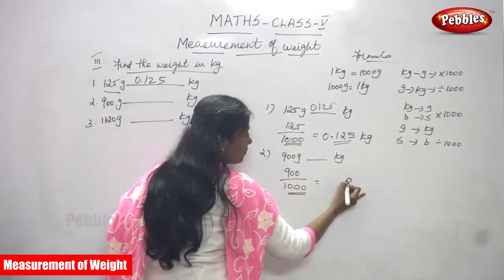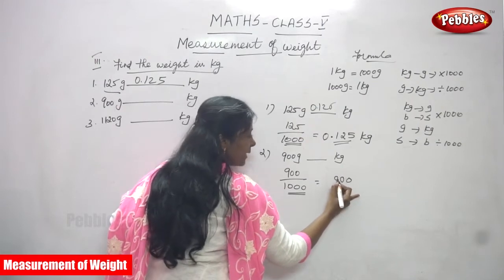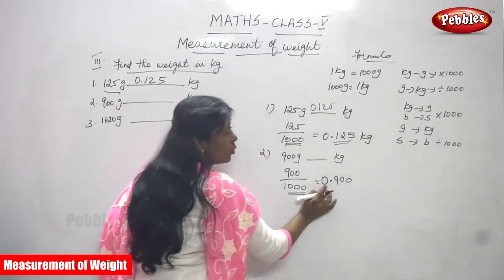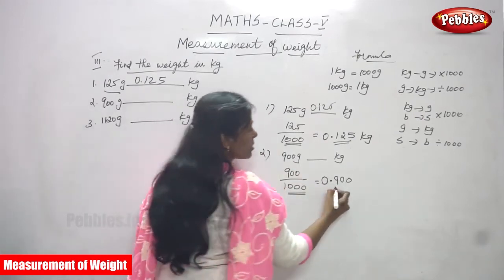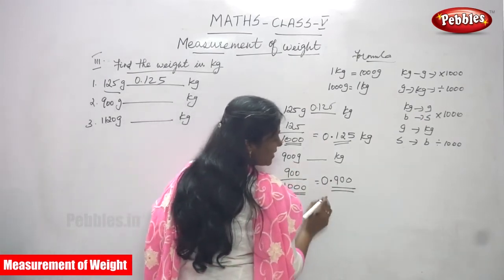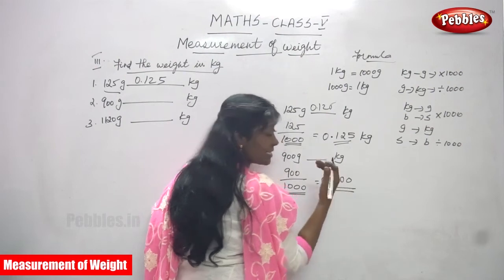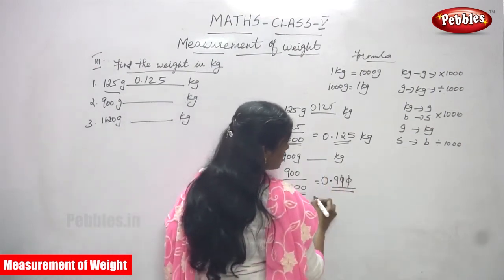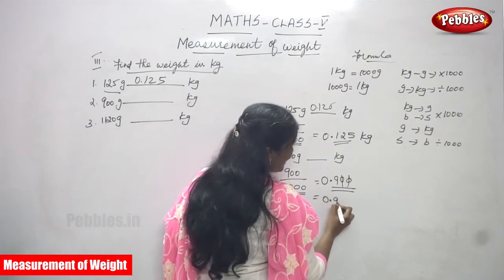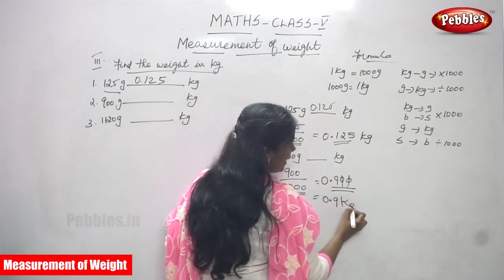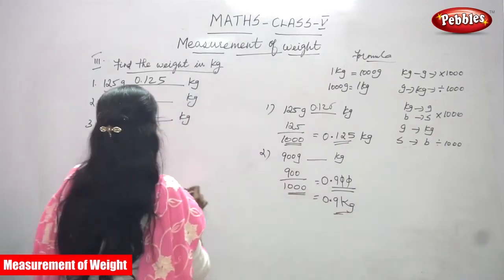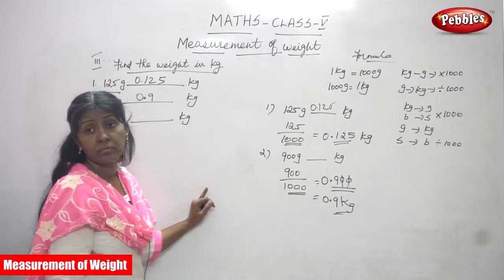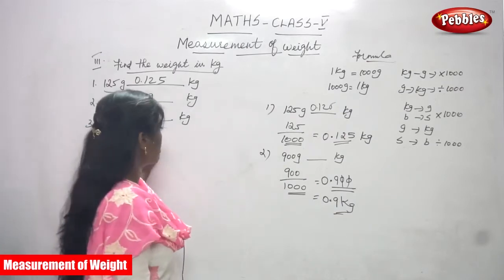So 0, then 9, then put a point, then add 0. This 0 represents only the decimal. After the point, there is no value, so just cancel that. So 0.9 kilogram. The answer is 0.9 kilogram. That's all.